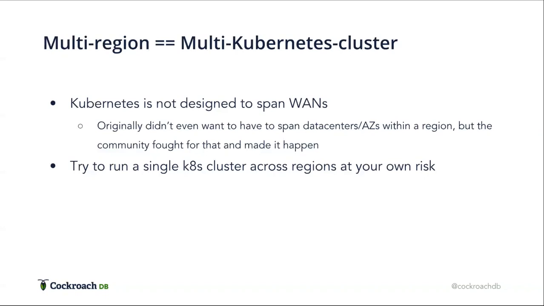It's called a multi-zone cluster. But trying to run a single Kubernetes cluster that spans regions is definitely at your own risk. It's not something anyone I've ever known would recommend. And so I'm going to keep using these terms mostly interchangeably. But what this means is that if you want to run something like CockroachDB across multiple regions, you are necessarily going to have multiple Kubernetes clusters, at least one in each of those regions.